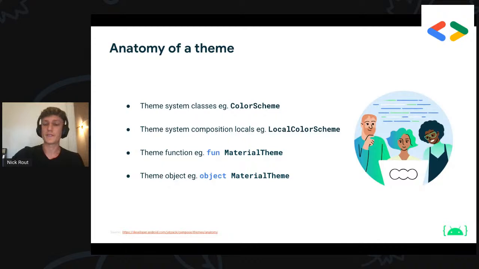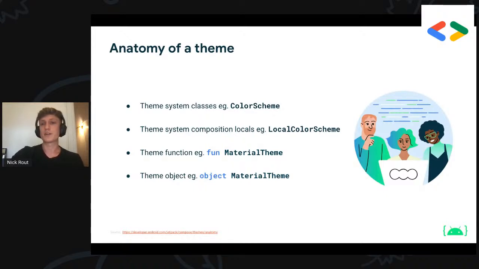as our case study. So here we've got 4 things. We've effectively got theme system classes. An example from Material 3's theme is a color scheme. But then we have other things like typography, other things like shapes. These are just classes that model a subsystem of a design system.